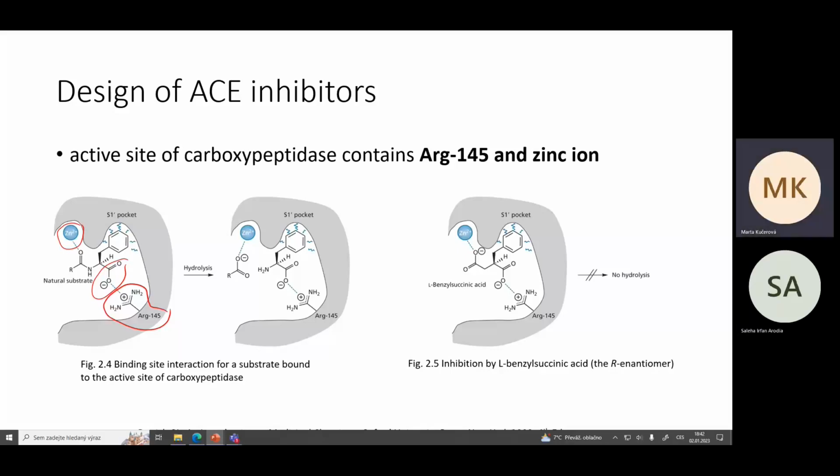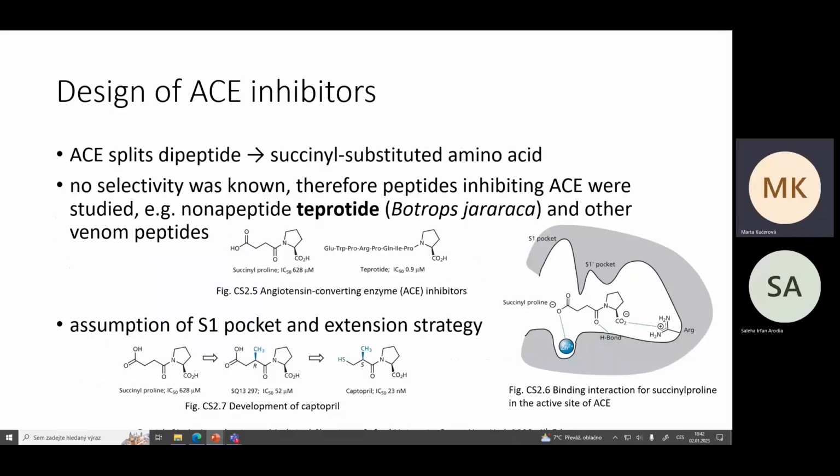So you can see the scheme of the hydrolysis, and it was known that when benzyl succinic acid is bound to the carboxypeptidase binding site, it can inhibit the peptidic process.